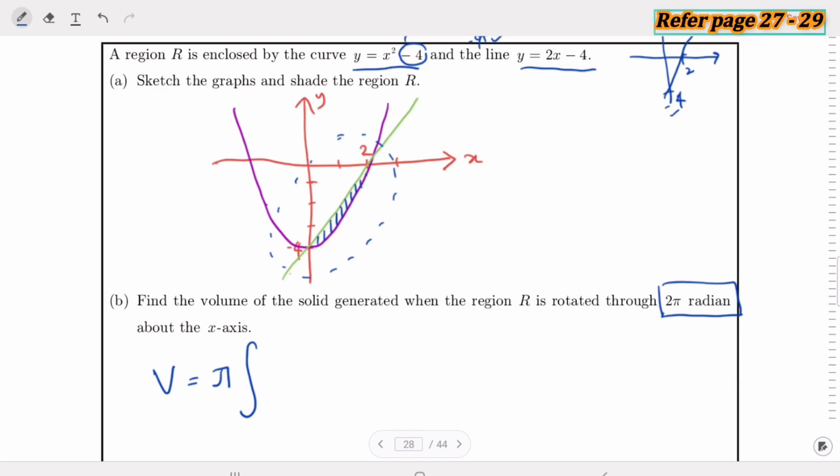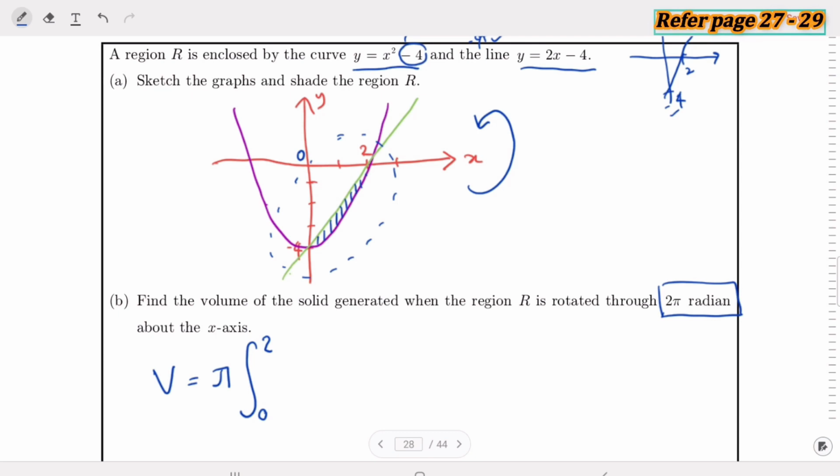So when we are rotating about the x-axis, the limits that we are going to use are from 0 to 2, lower limit 0 to upper limit 2. We have two functions here, so which one is far from the x-axis?